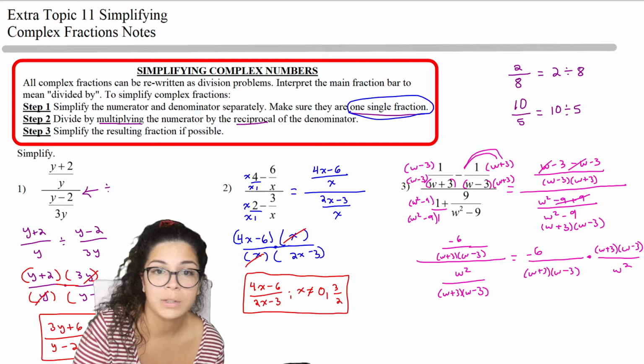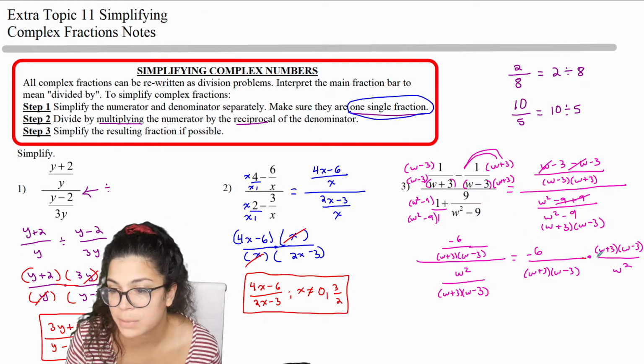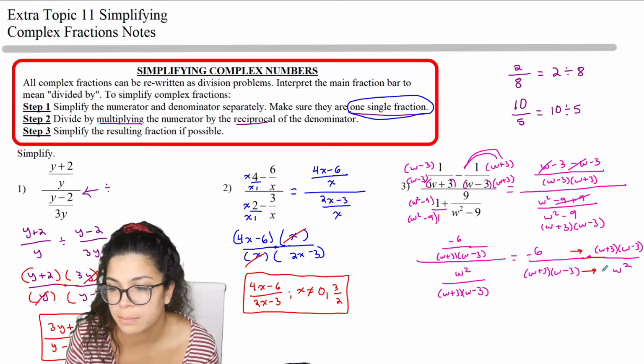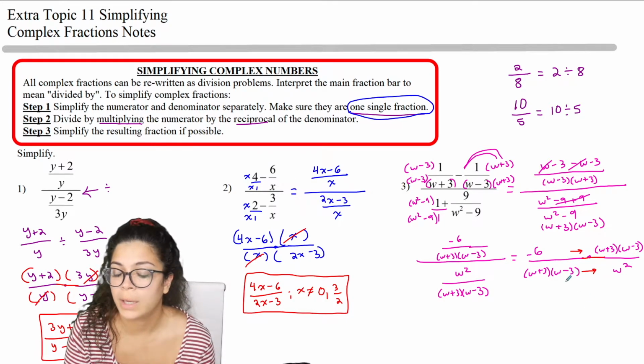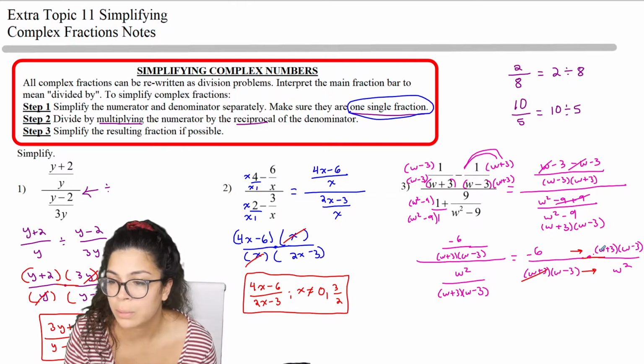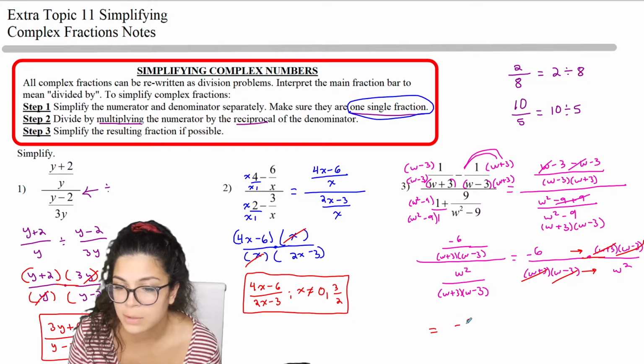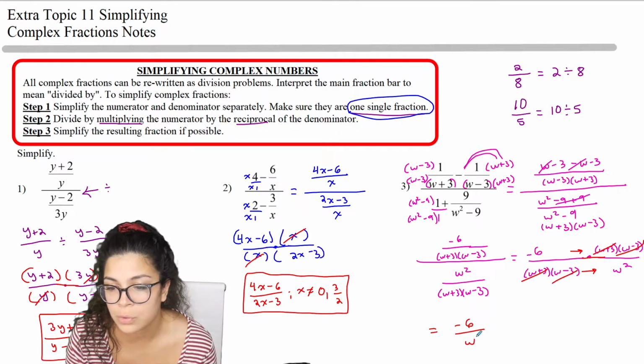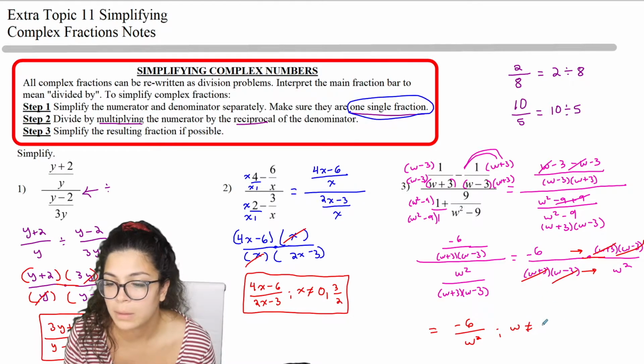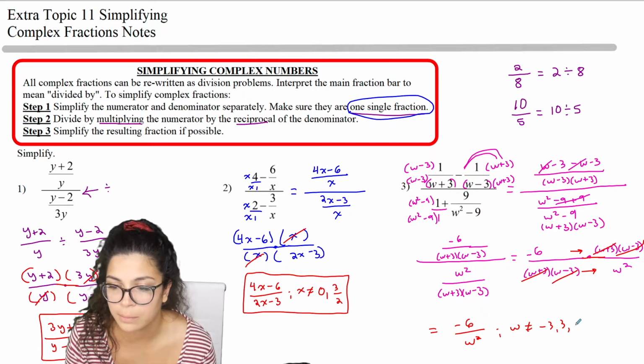So now we just are multiplying top times top over bottom times bottom. So we can end up canceling out w plus 3 and w minus 3. So our final answer would be -6 over w squared, where w cannot equal -3, +3, or 0.